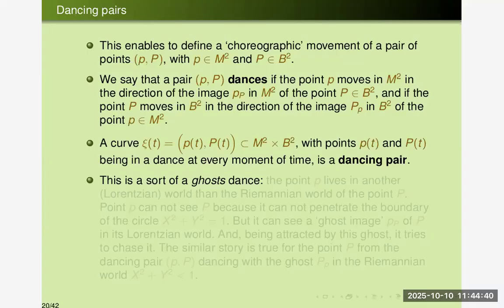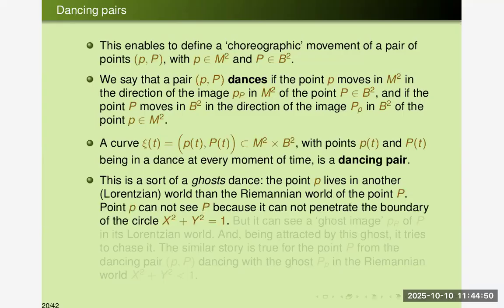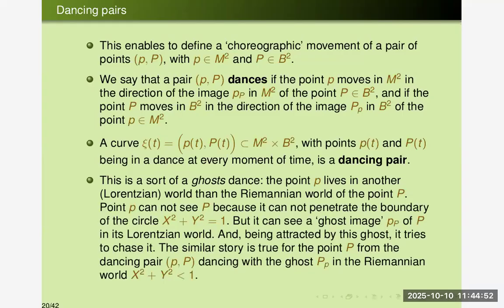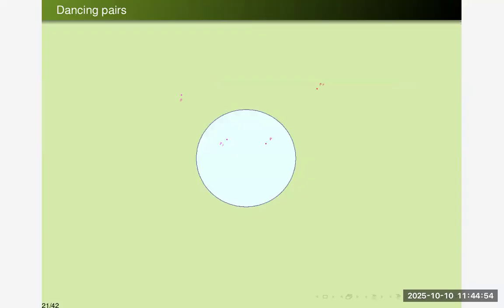So I ask them, listen, two guys, go in such a way that at every moment you go towards the ghost of the other guy, and so on. That's what I want. We have a point here and its ghost, so we have a pair, p and P. Corresponding to this guy there is this ghost, and corresponding to this guy is this ghost.